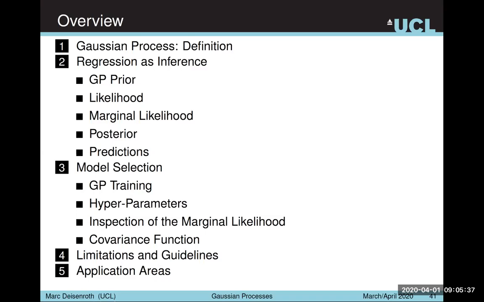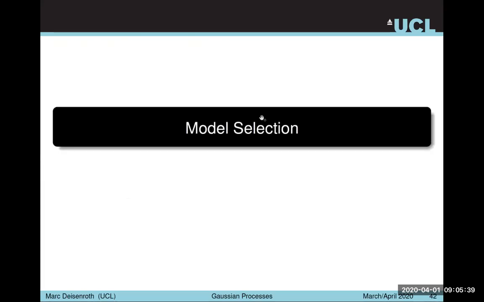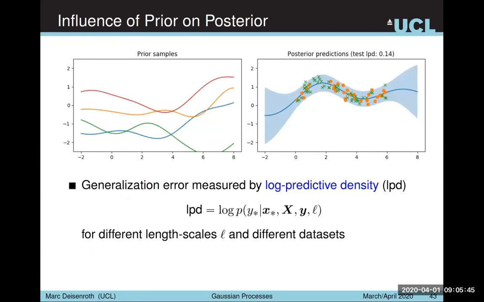So let's dive in and start with the model selection part. I want to motivate what we are actually doing here. We already looked at linear regression 2 days ago, and we looked at training and test errors.